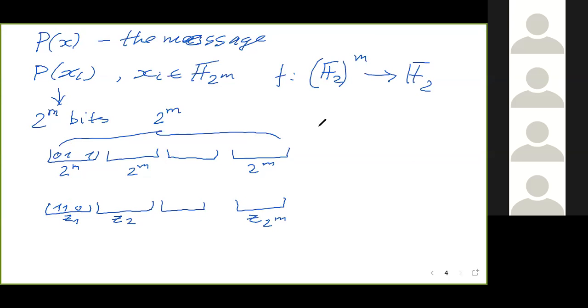So now I will explain what we will use as multiplicities of our roots. So this is F2 to the m. This point will be considered as one of the xi's.